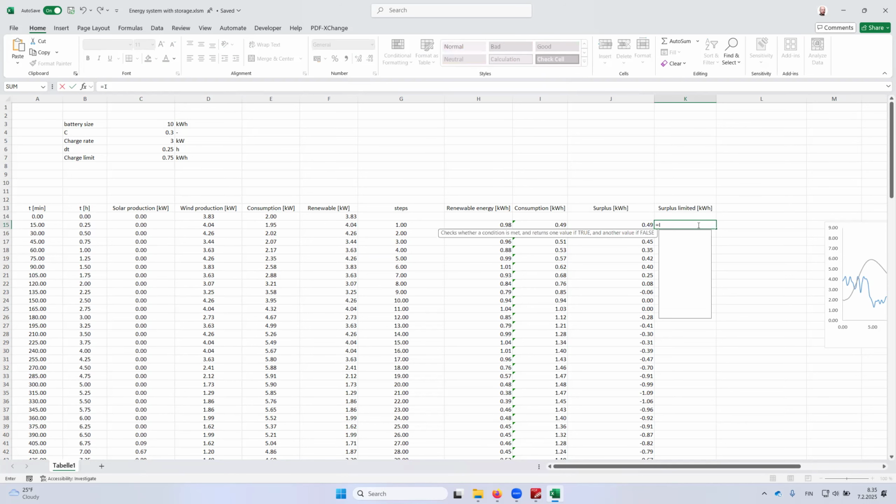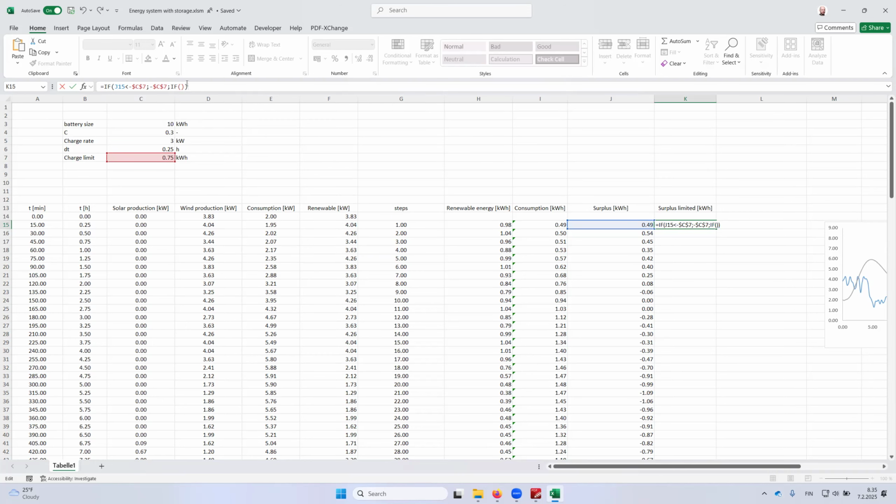That's going to be kilowatt hours. And we're going to say if this number is below minus 75, so if it's less than the discharge, so minus, then it's going to be minus this discharge. And otherwise, we're going to put another if statement.